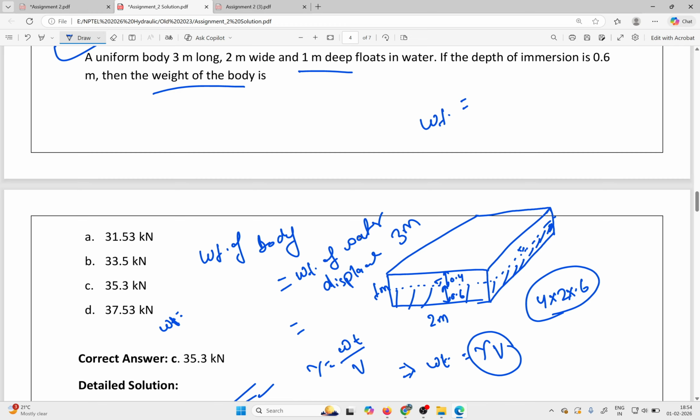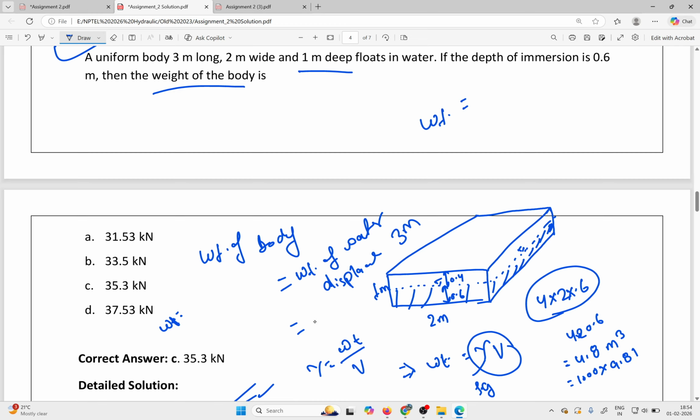Here, the weight of water. Volume you know already, volume is this much: 4 into 0.6, 4.8 meter cube. And gamma is rho into g, 1000 into 9.81.